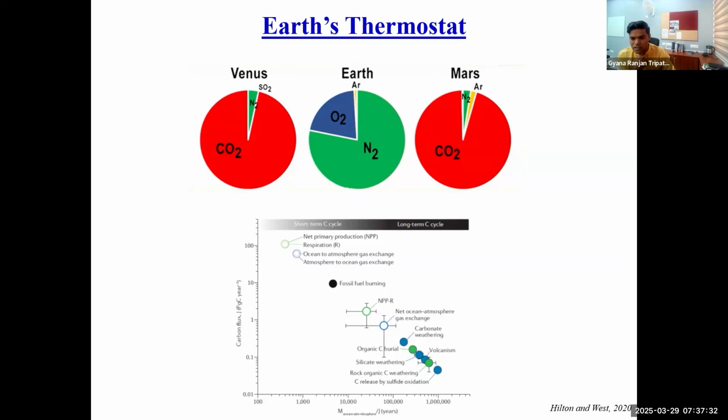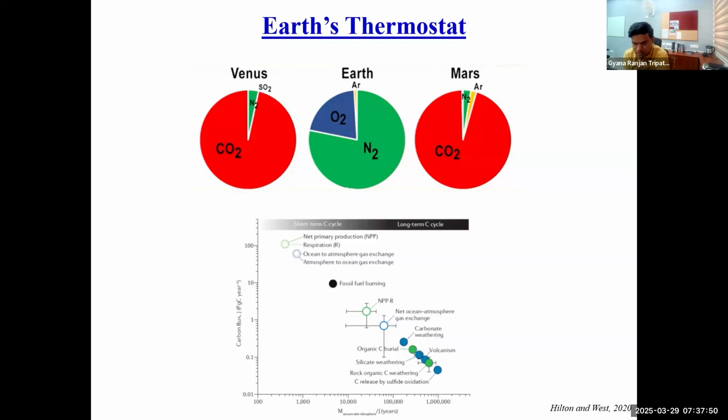Now, we need to understand why this CO2 cycle is so different, because that is crucial in understanding why we are finding water in a liquid phase, because the temperature is so stable, in a zone where water can survive in a liquid phase.